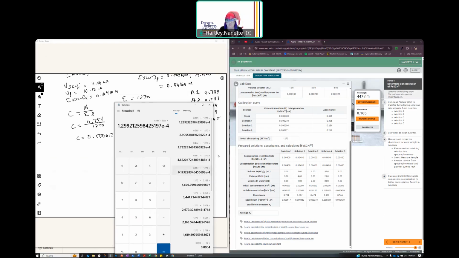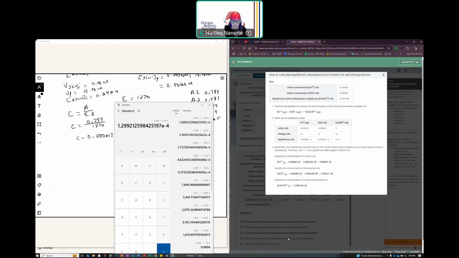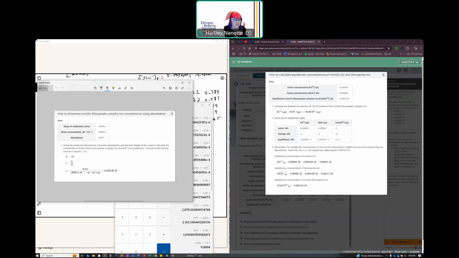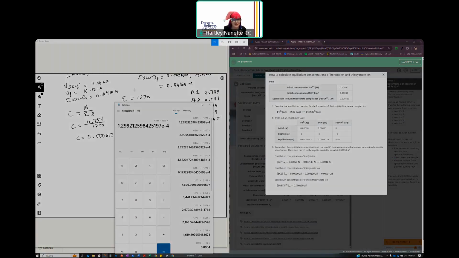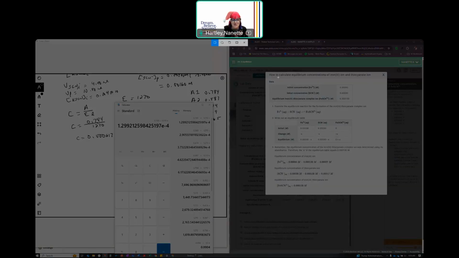All right. So that got us our equilibrium concentrations. Now, I can come in here and say, all right, how to calculate the equilibrium concentrations of the iron. And you knew this was coming because I said it was coming. We were going to do ice tables. And this is where the ice tables come in.